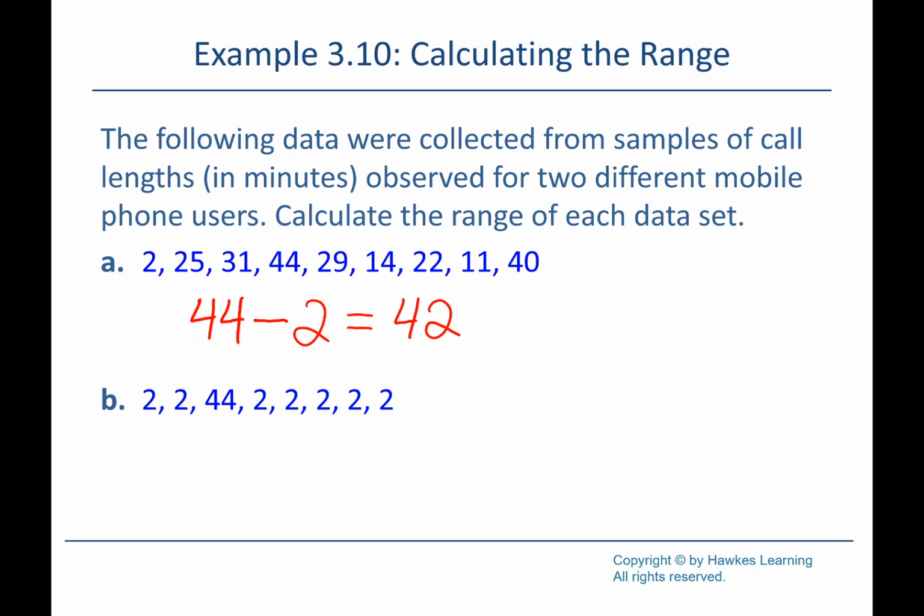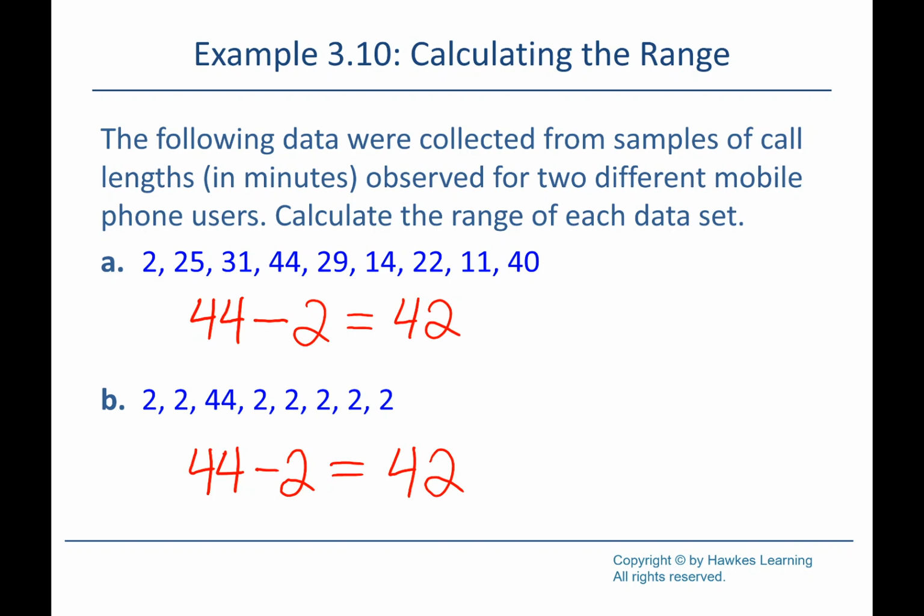Okay. Easy. All right. B, we want to calculate the range. What's our largest data value there? 44, and then smallest one's 2, so we get 42. Okay.